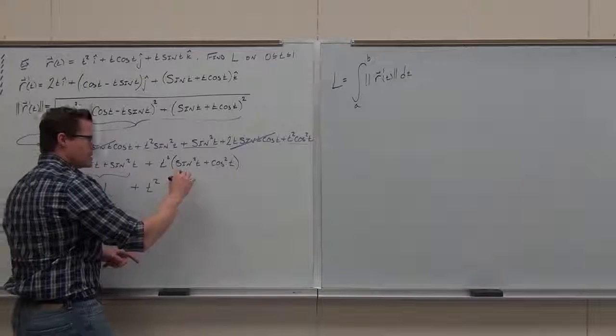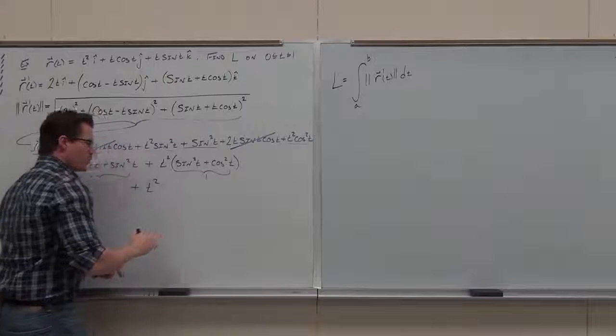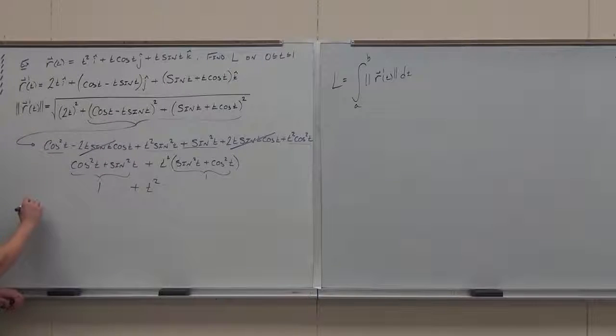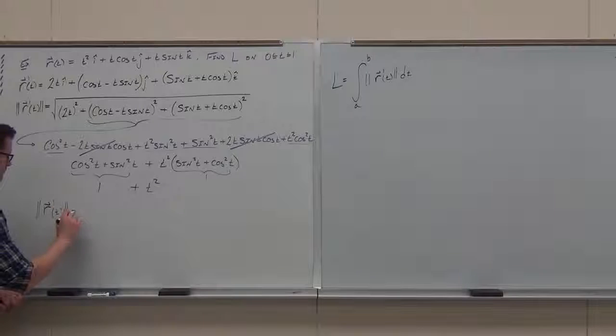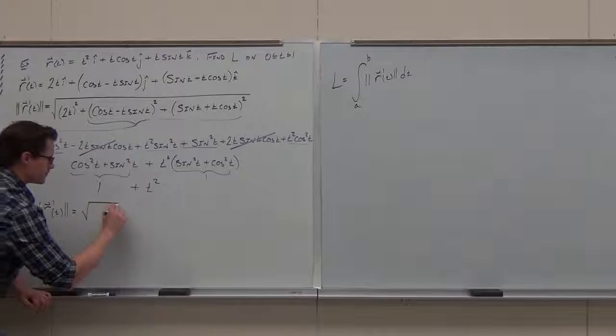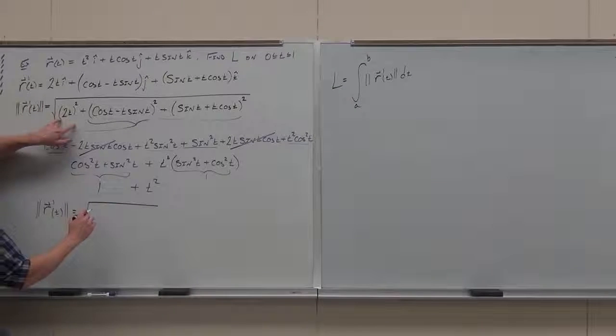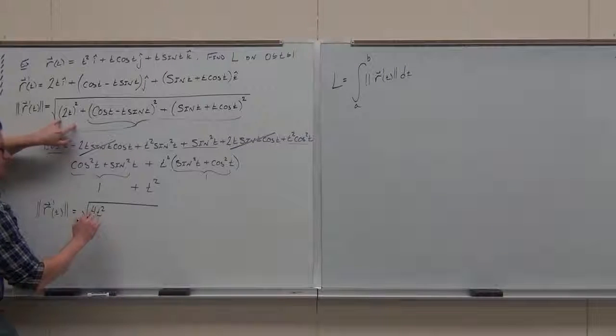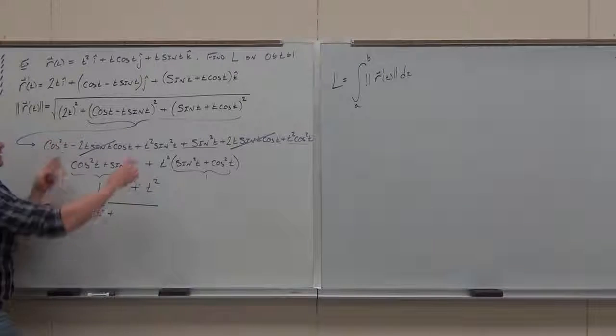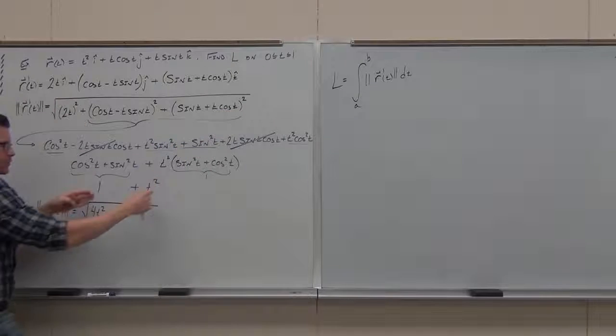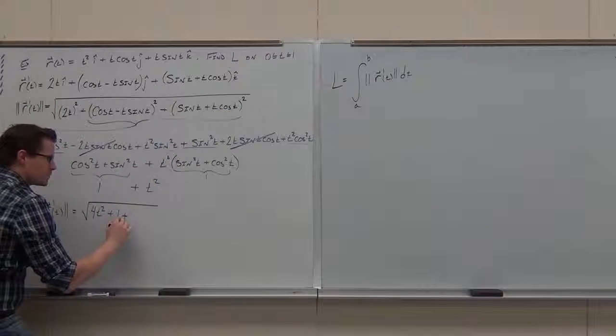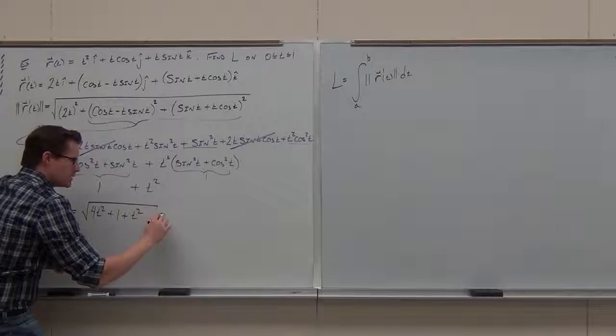So if we rewrite this magnitude, we still have 4t squared plus this whole thing, which works down to 1 plus t squared.